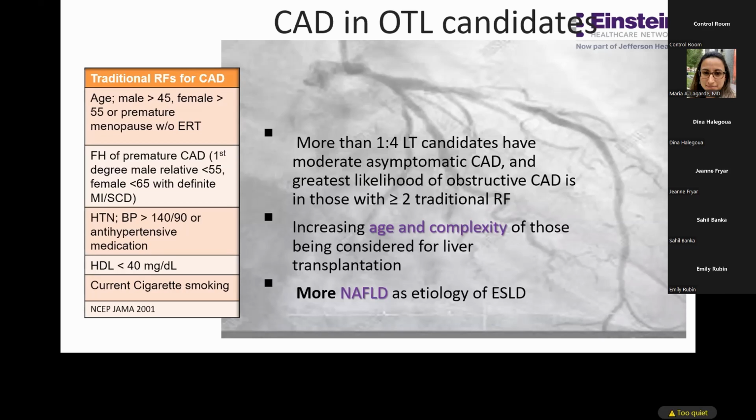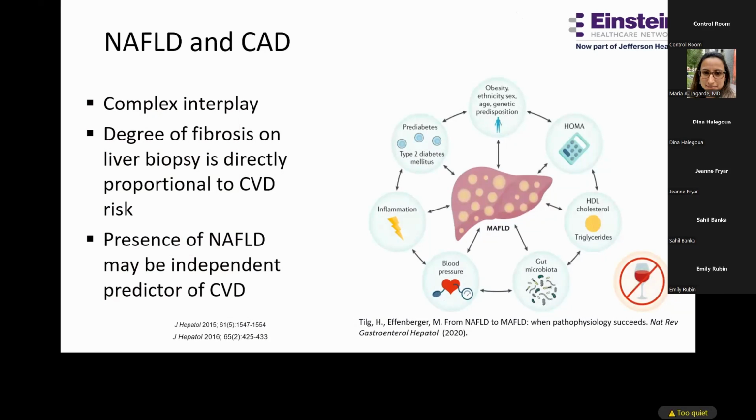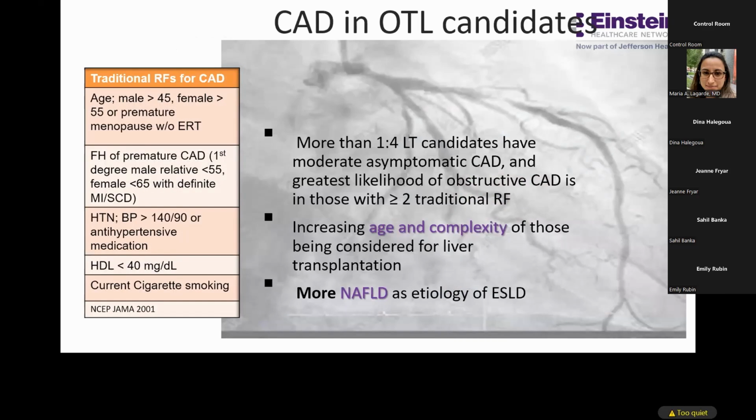The traditional risk factors are older age, a family history of heart disease, high blood pressure, high cholesterol, and smoking. And we're seeing more and more of this coronary disease in patients being considered for liver transplant, because we're now considering patients who are older and patients that have more fatty liver disease as the reason for their advanced liver disease.